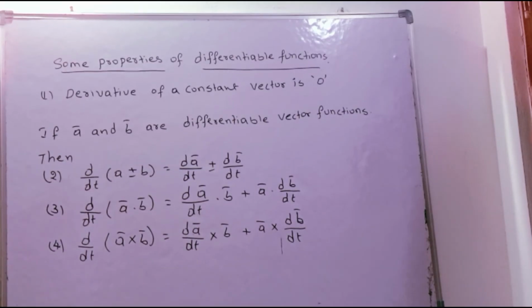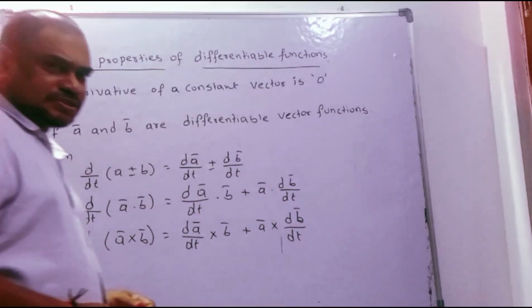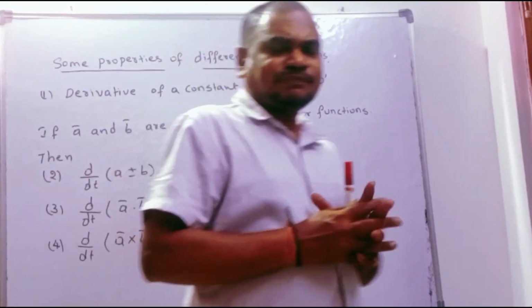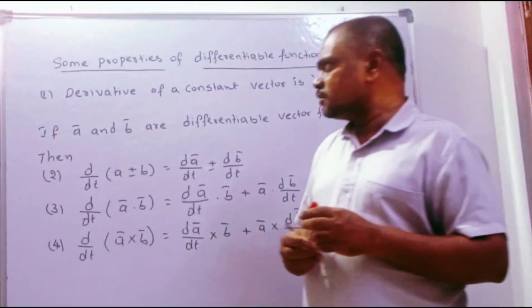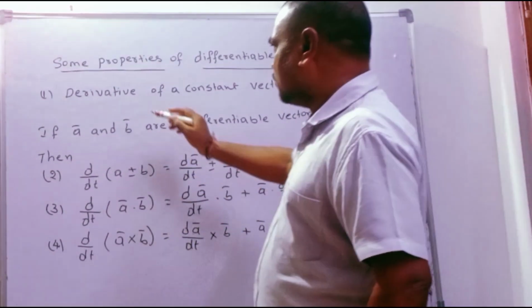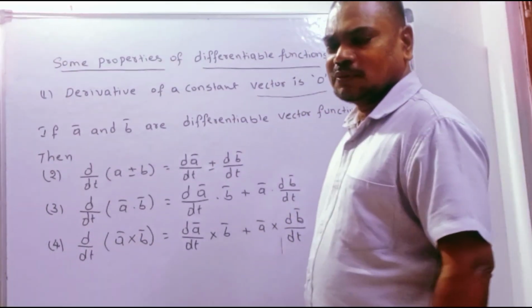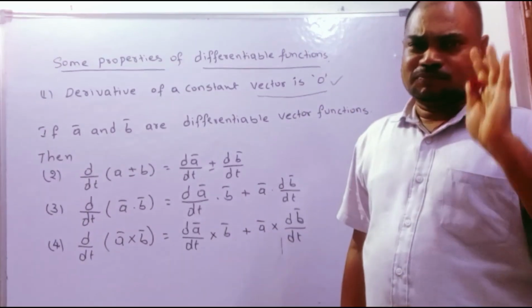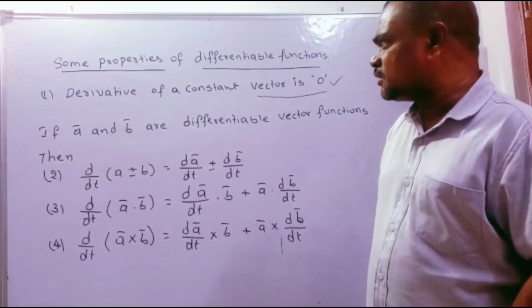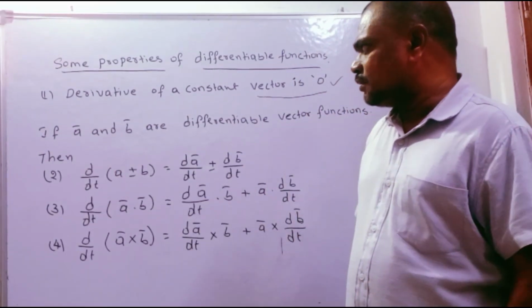Here are some properties of differentiable vector functions or functions. First one: the derivative of a constant vector is 0. This is the first important result or first property.